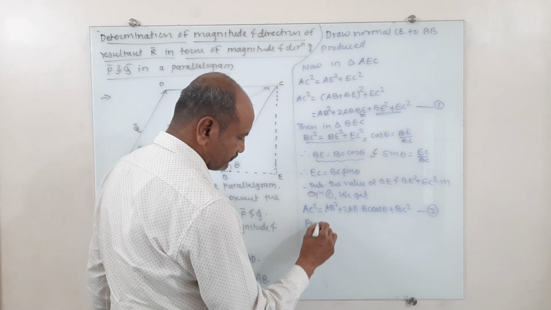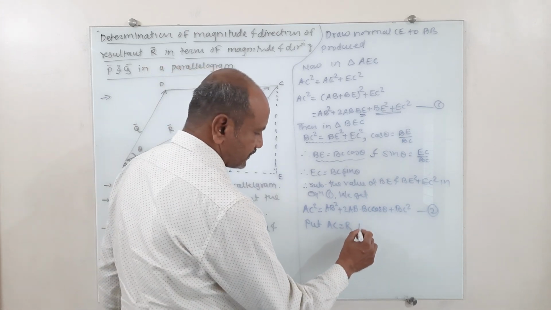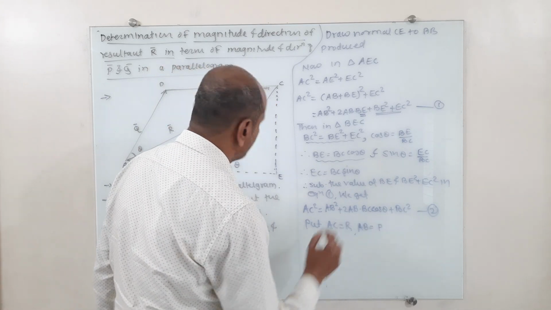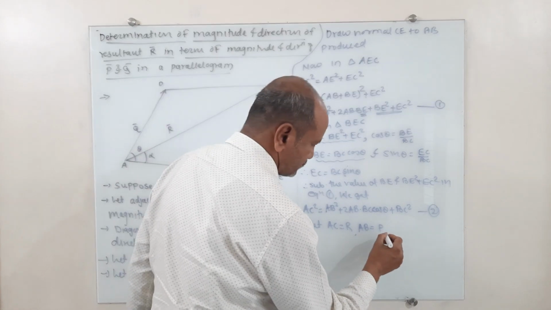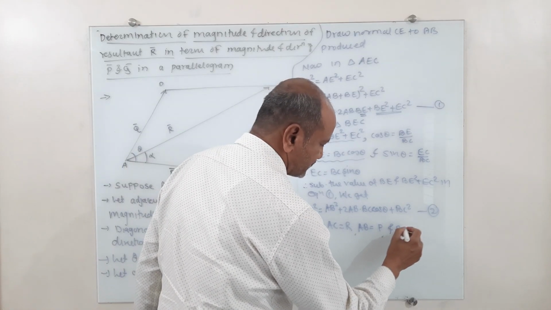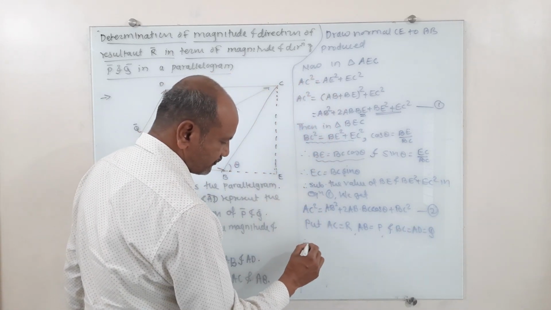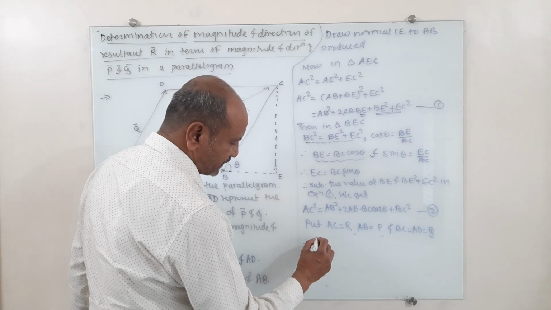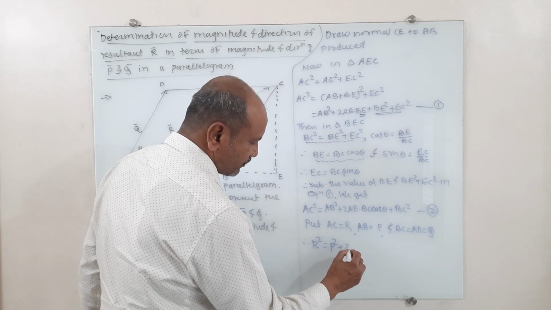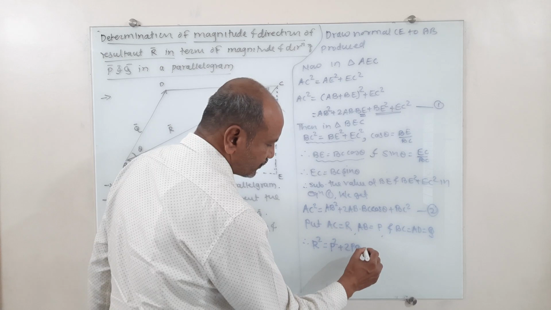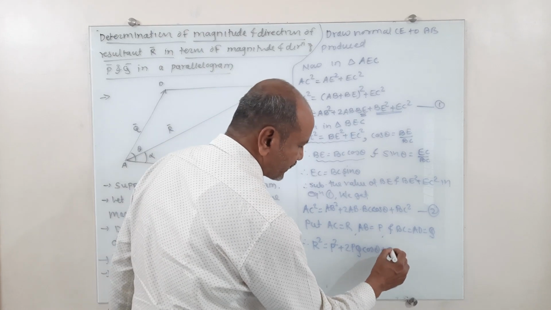Put AC is equal to R, AB is equal to P, BC is equal to AD is equal to Q. Therefore, we get R square is equal to P square plus twice PQ cos theta plus Q square.